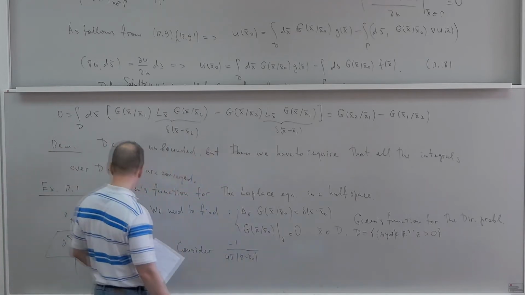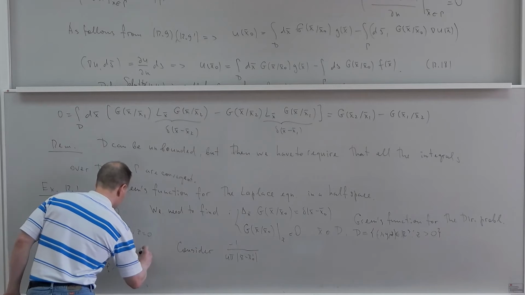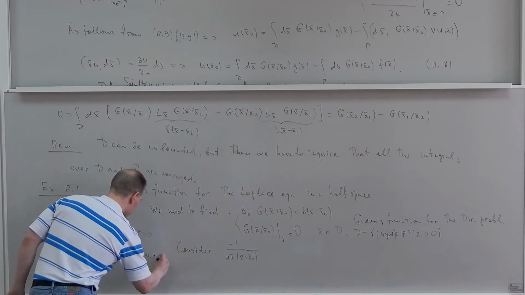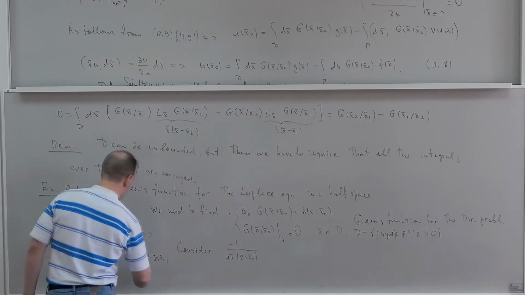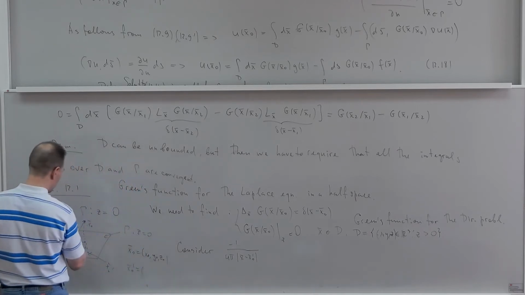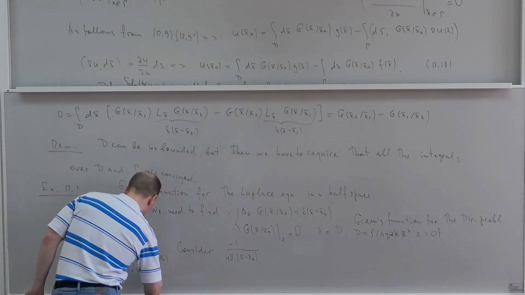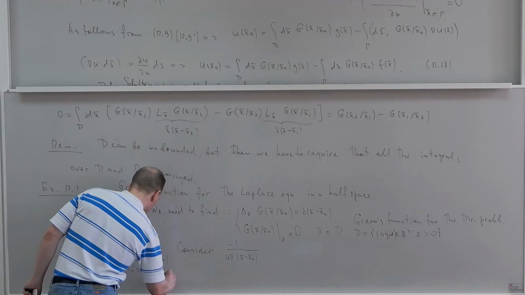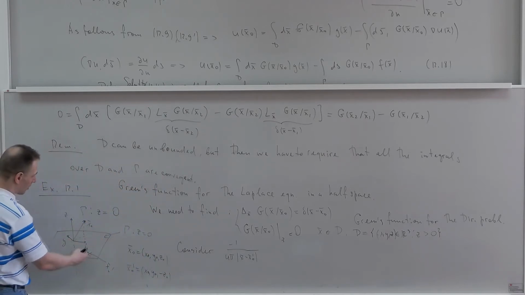Let me write the coordinates of these points: x0 prime, the image of the point x0, which is obtained from the point x0 by reflection in the mirror gamma.